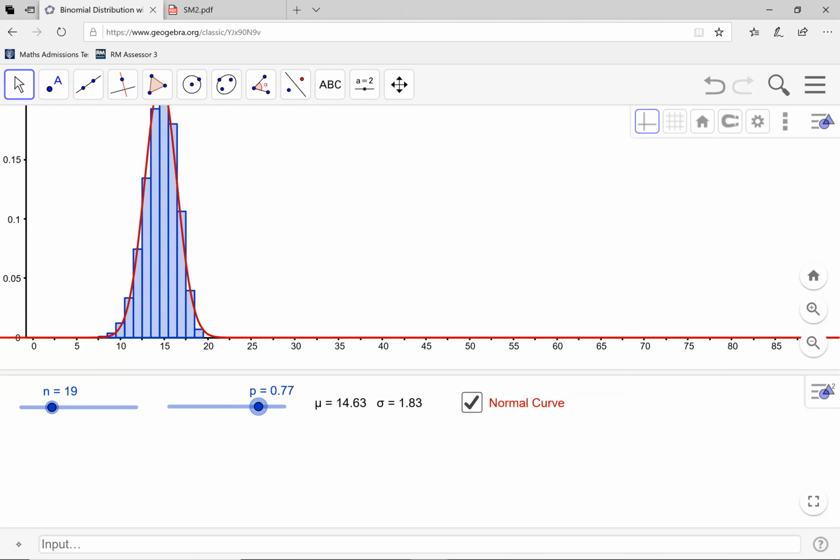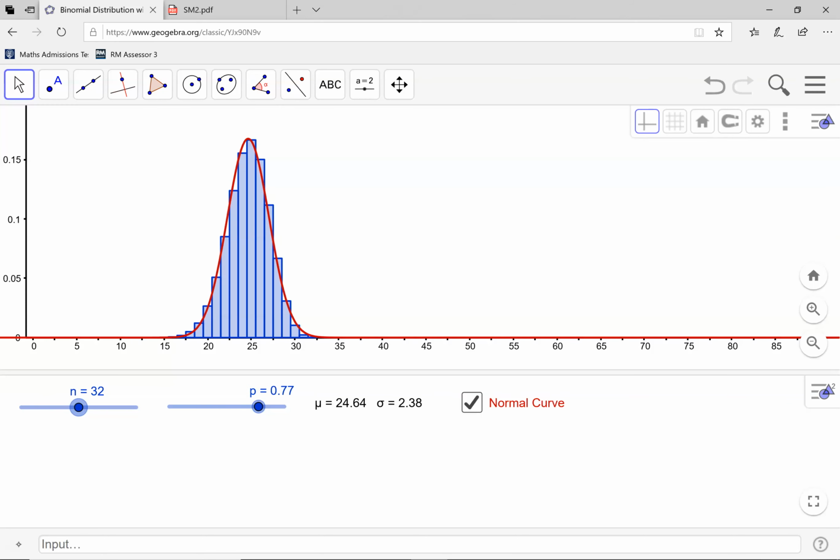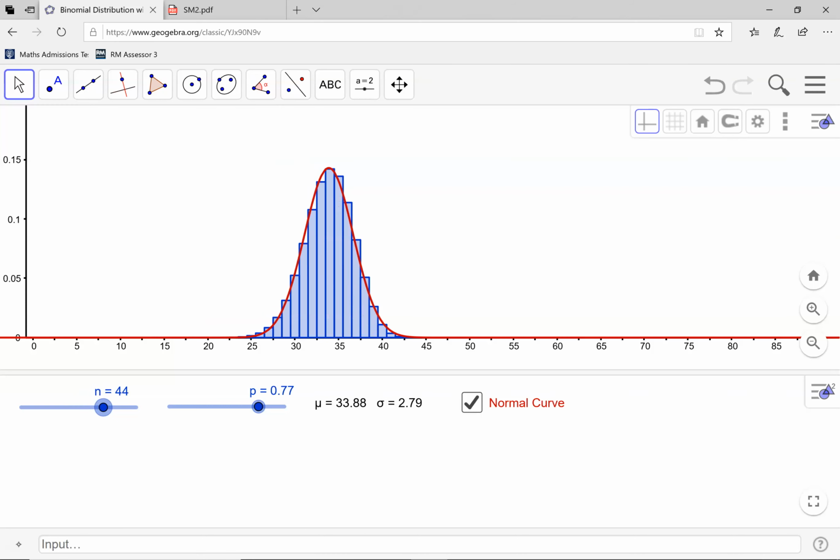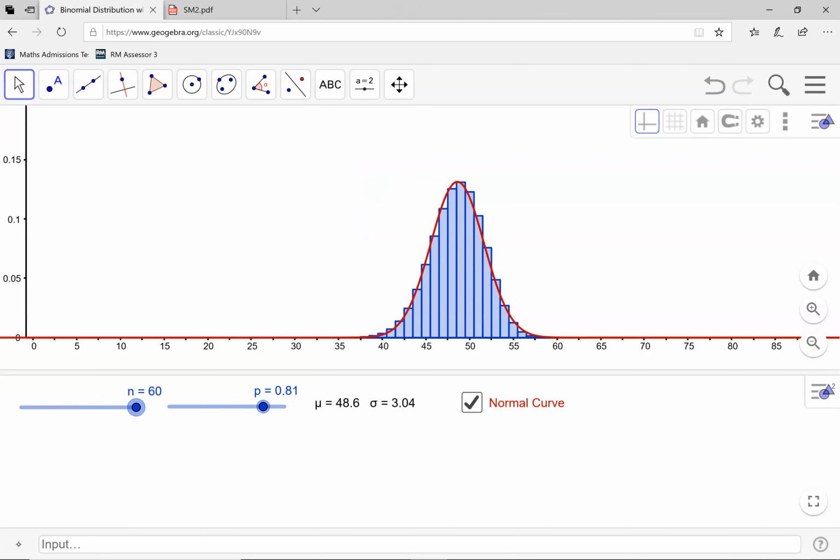Whereas if P is further away, we might need a bigger sample size, but it's not bad, even with P equal to 0.8 and n equal to 60. It's getting a little bit more accurate around the n values here, and it's not doing too bad a job, even with P being quite a long way from 0.5.